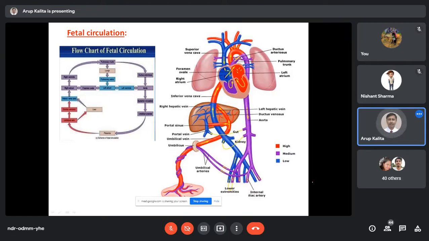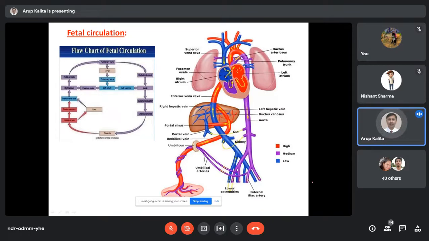As we know, the fetus is surrounded by the fetal membranes. There are 4 fetal membranes: allantois, chorion, amnion, and yolk sac. Part of this fetal membrane is connected with the maternal structure, and the connection is known as placenta.